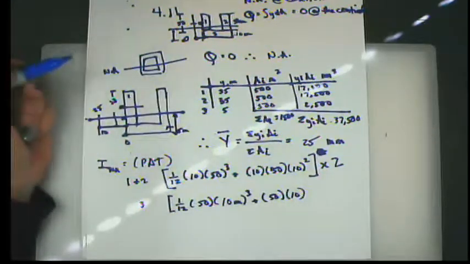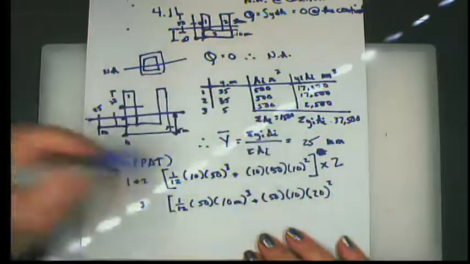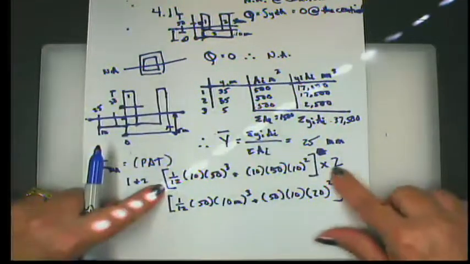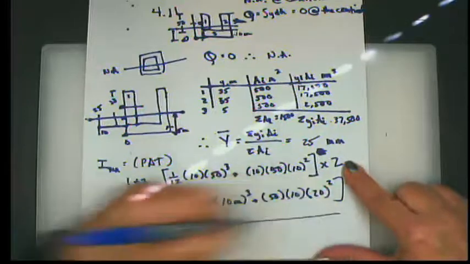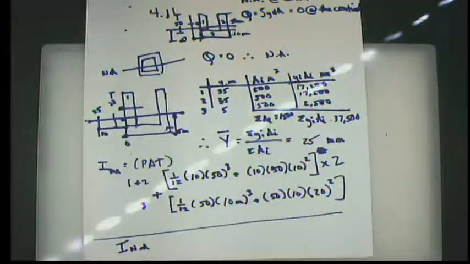So it's 25 minus 5, which is 20 millimeters squared. So if I take this quantity, multiply it by 2, add it to this, I will get I about the neutral axis for this unsymmetrical shape, or non-symmetrical shape.